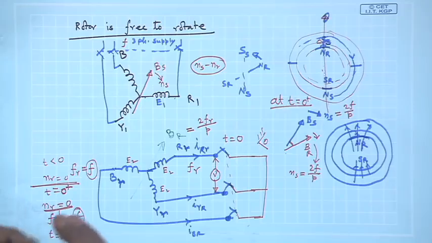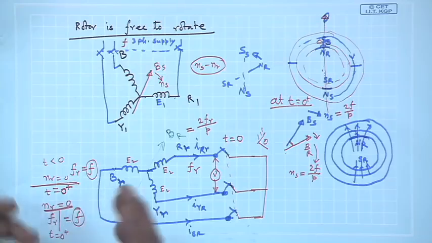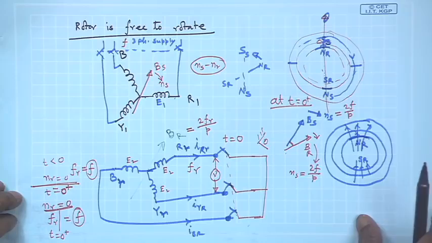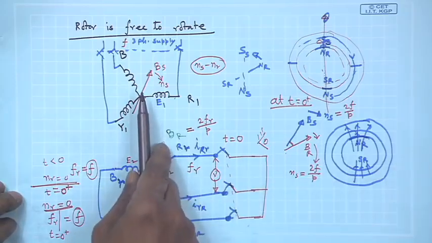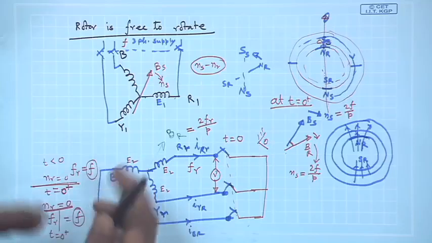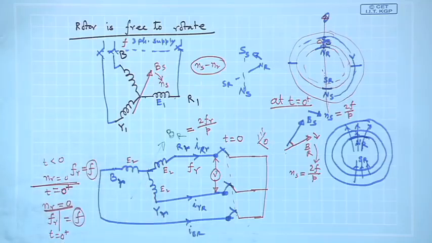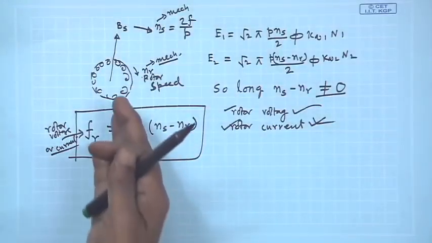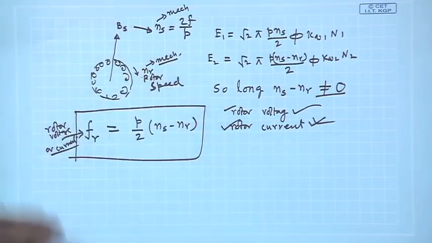Therefore, it is expected there will be a constant angle between these two, and perhaps a constant torque will persist, and the rotor will accelerate in the same direction as that of the stator field, because it is only in this direction that the cause for which the rotor currents or rotor voltages are due will reduce. That is what Lenz's law tells us. So, the rotor cannot but rotate in the same direction as that of the stator field.